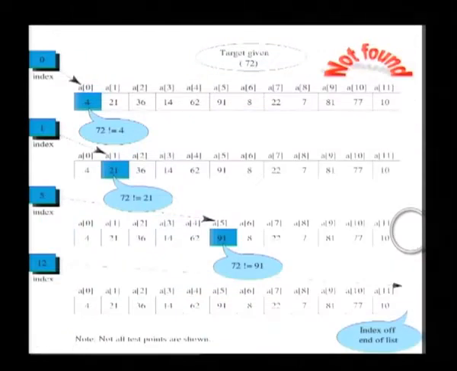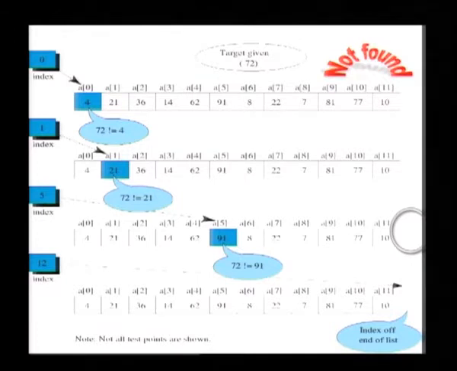Let us consider the running time to search for a key which is 72, which as you can see does not occur in this array, and there are 12 elements in this array and we do not show all the comparisons. This is definitely not necessary.